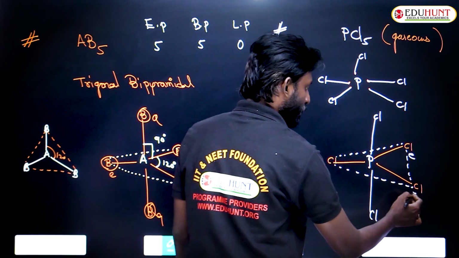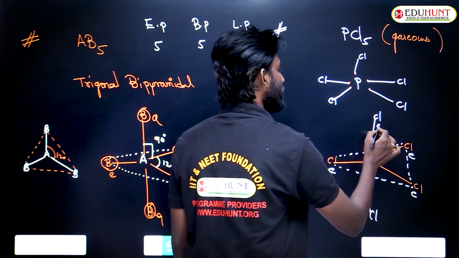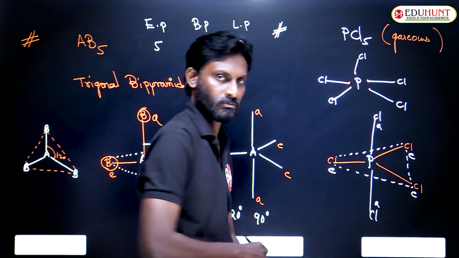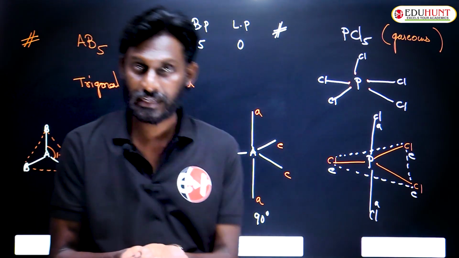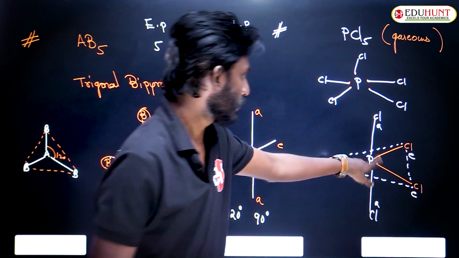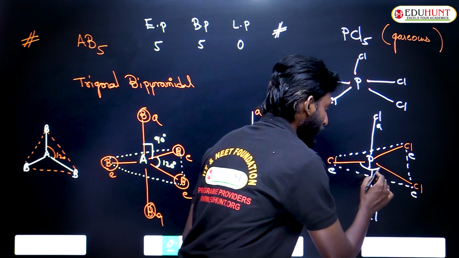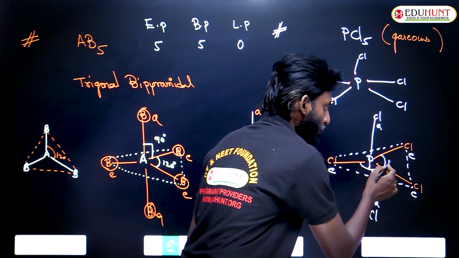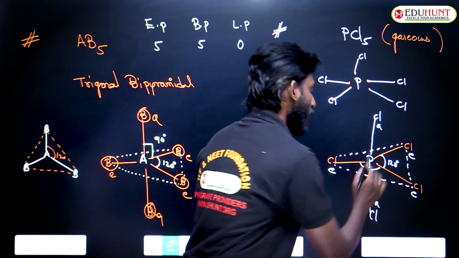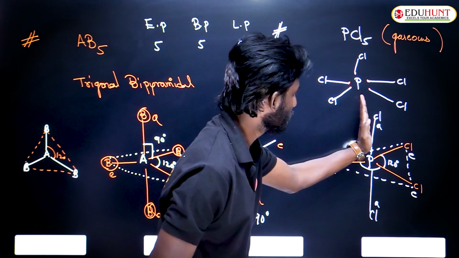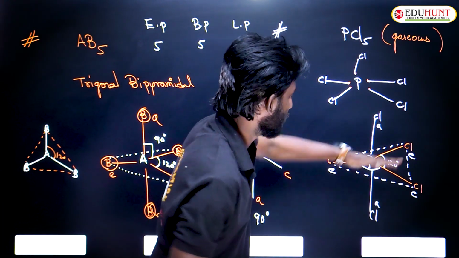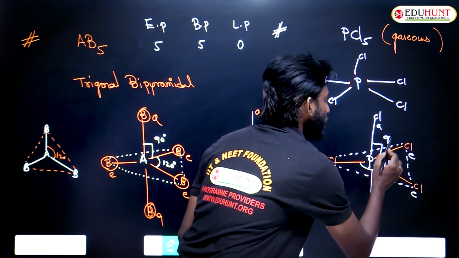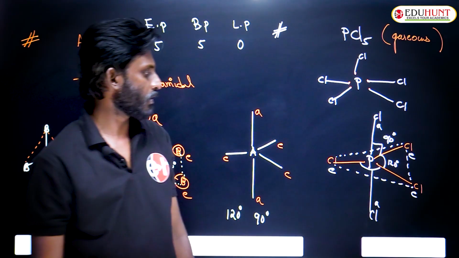These 3 are equatorial positions and these 2 are axial positions. And there are 2 kinds of bond angles. In this trigonal part, all these bond angles are 120 degrees, and the bond angle between this bond and this plane is going to be 90 degrees.